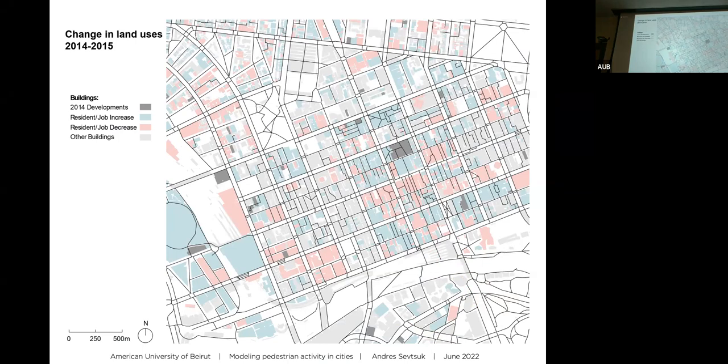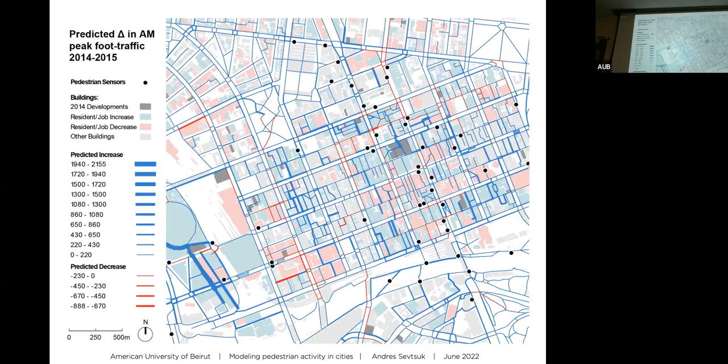So based on these changes that actually occurred, our model forecasts these changes for foot traffic. So these red and blue lines show the delta or the change in foot traffic that we forecast.